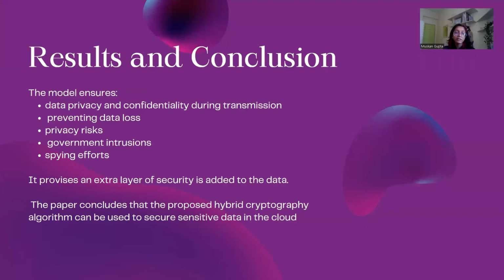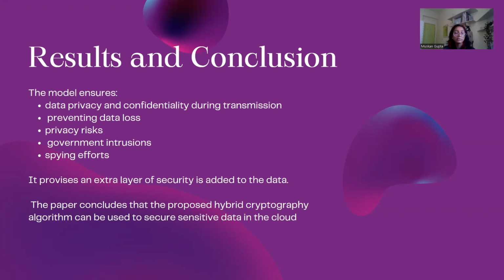Moving on to the results and conclusion of this video. The proposed approach uses two separate cryptography algorithms, as I mentioned earlier, that is RSA and DES. The main purpose of combining both algorithms was to increase the security of cloud storage.